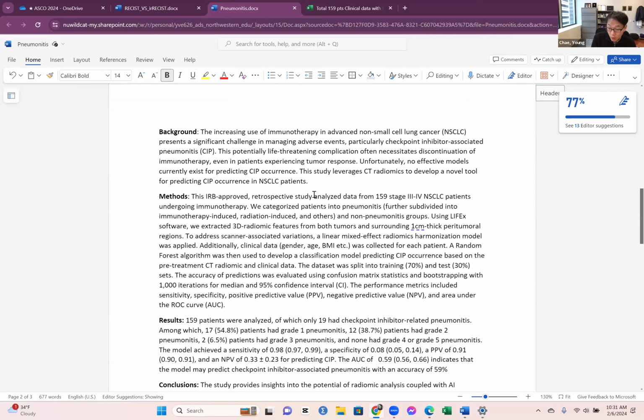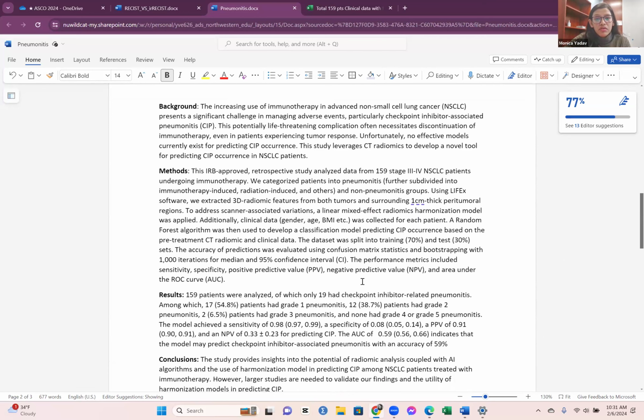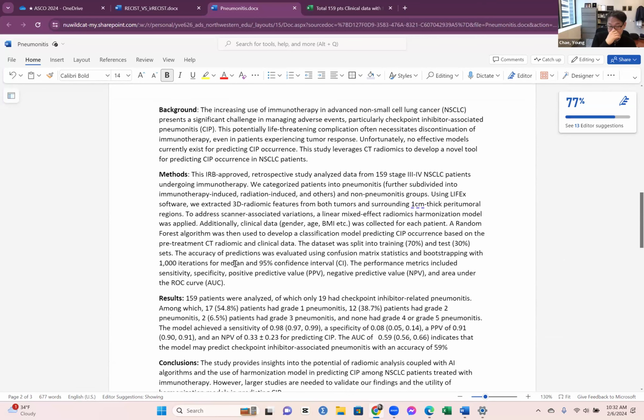So did you change words and sentences compared to the AACR version? Yes. Okay. I mean, it's completely different for everything below. Just a few words different for the background. Okay.